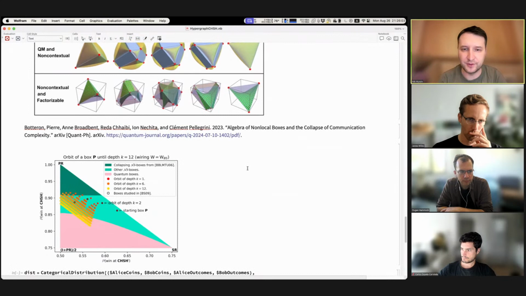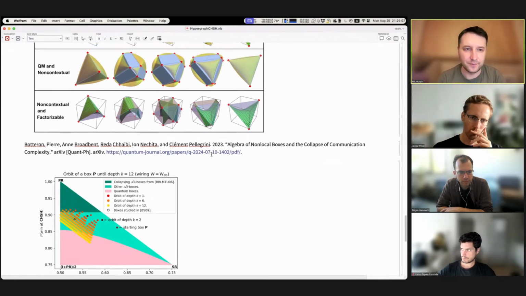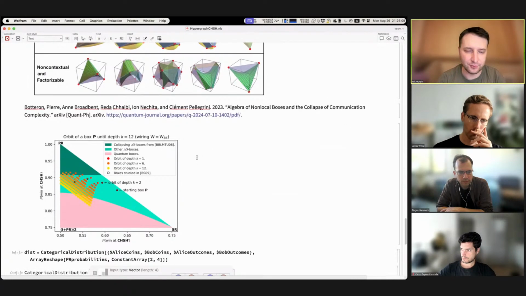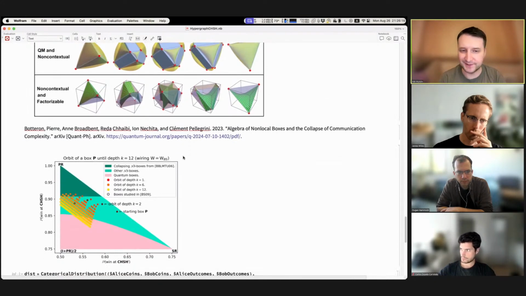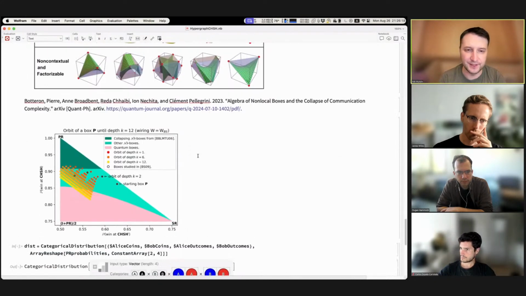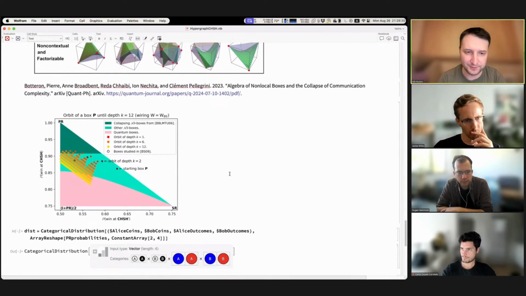I've looked recently into some more modern studies of what people are doing. They're trying to close this gap and determine what singles out quantum theory from all of those probability distributions. They're getting close, but it's still unknown. The most interesting result people know concerns non-signaling boxes, non-signaling models.